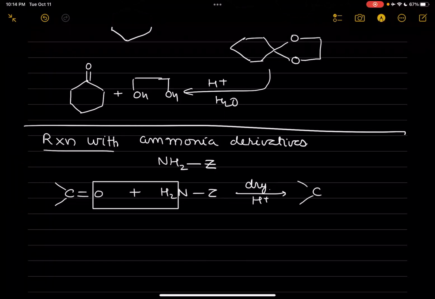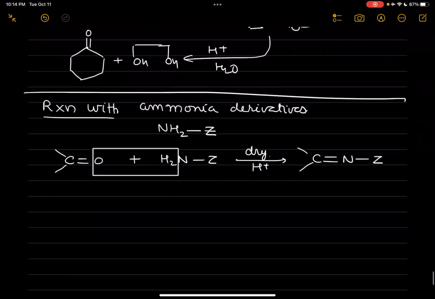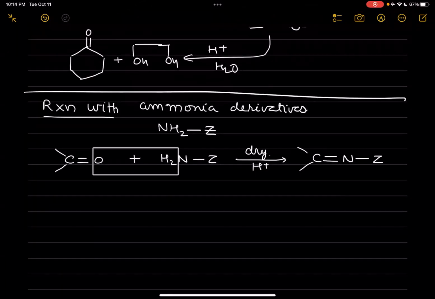Okay, and you end up with this product. If you add water, definitely you are going to get back the original thing. Okay, it is going to cleave, right? Yes, sir. So tell me. Sir, for this one, by hydrolysis, we won't be able to get back the original product.